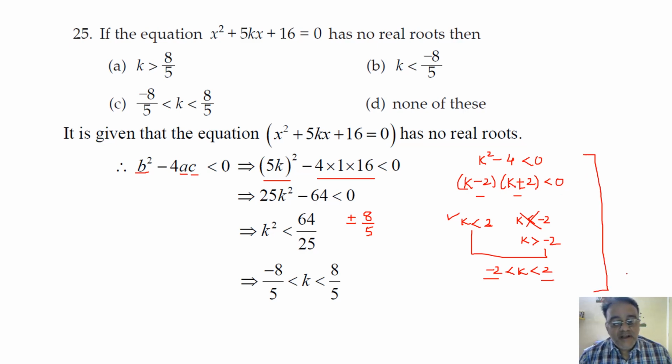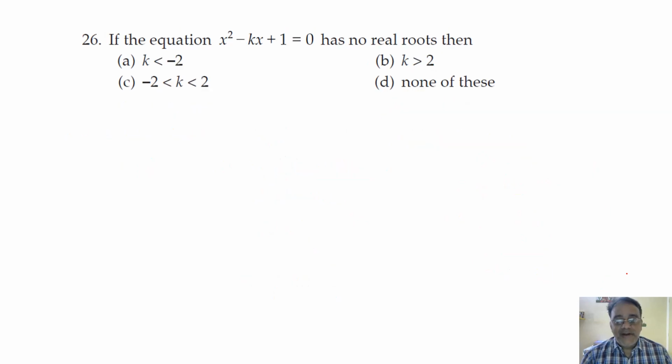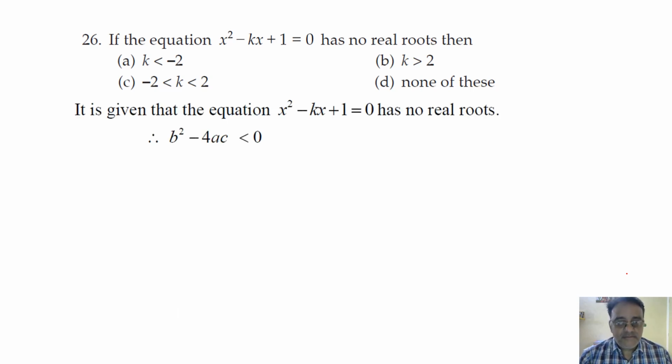फाइन. Now we are moving toward question number 26. Yes, यहाँ पे वो काम आएगा हम लोग को. If the equation x square minus kx plus 1 is equals to 0 has no real roots. So same, D is less than 0. That is b square minus 4ac is less than 0. Now b is minus k, and a is 1 and c is also 1.